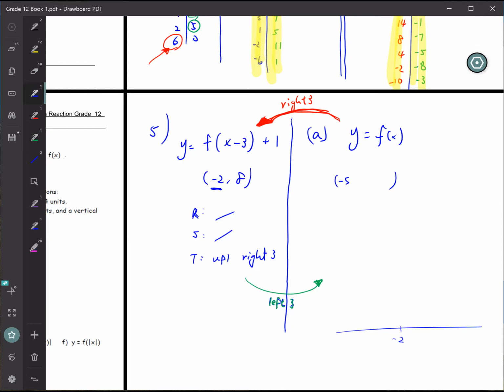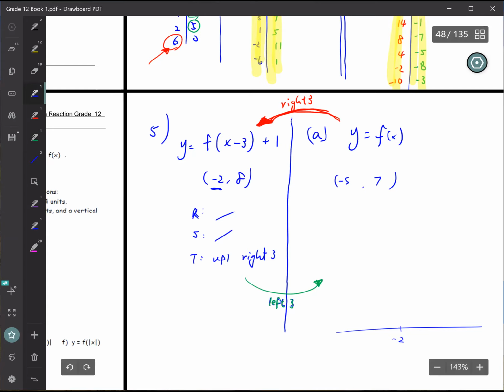Y value's at 7. 7, very good. Right? So (-5, 7) is before anything has happened. Okay, (-5, 7). So if you move it up 1, right 3, then it will go to (-2, 8).